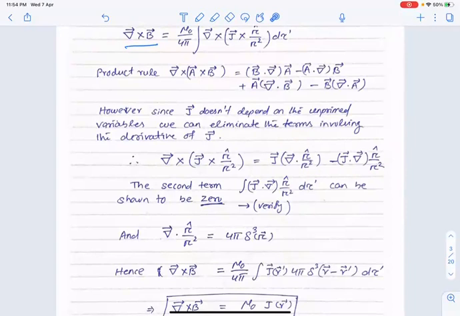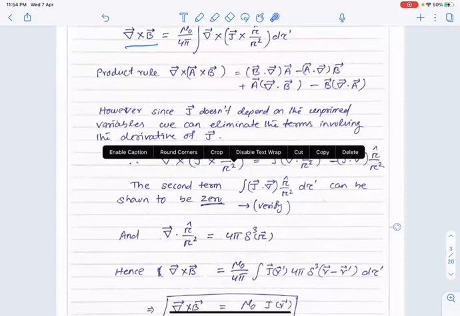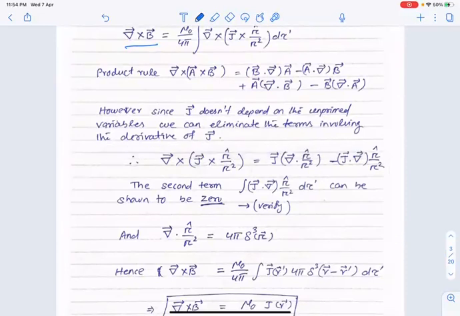The second term is 0. Again, that you have to verify yourself. That's again a task for you, please do that.